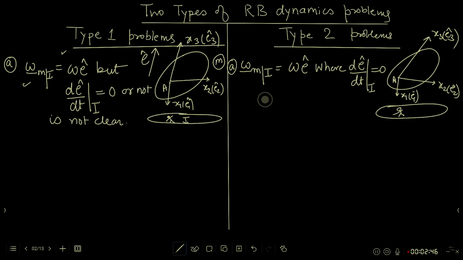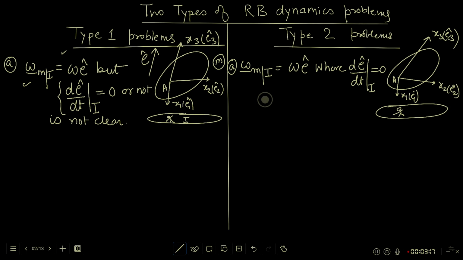After all, omega mi is a vector, and one can always find that direction E hat and say that the vector will be a scalar times that vector. However, in type 1 problem, it is not clear whether the rate of change of that vector E hat with respect to I is 0 or not 0.